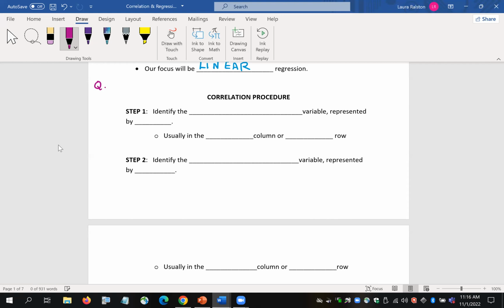So you're going to be asking the question, is there a relationship between variable 1 and variable 2?